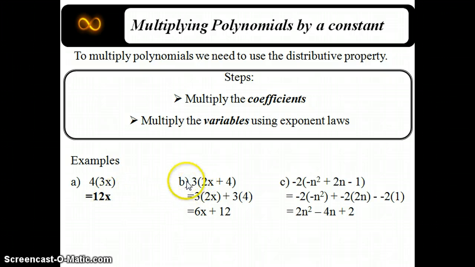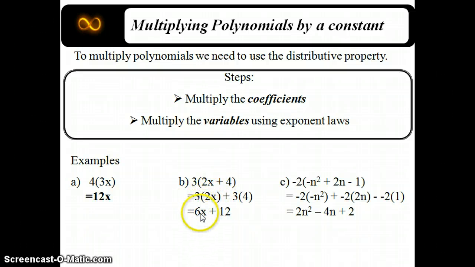Our next example is a constant multiplied by a binomial. Binomial is because it has two terms. The distributive property says I will multiply the 3 into the bracket twice. So I'll go 3 times 2x is 6x. 3 times 2 is 6.